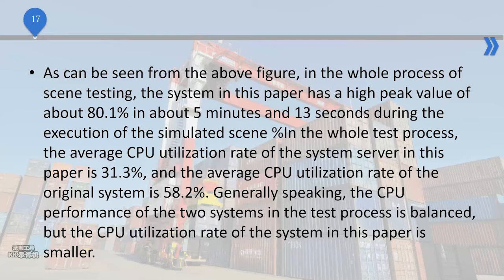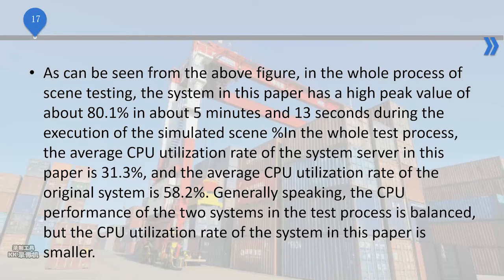As can be seen from the above figure, in the whole process of testing, the system in this paper has a high peak value of about 80.1% in about 5 minutes and 13 seconds during the execution of the simulation process in the whole test process.